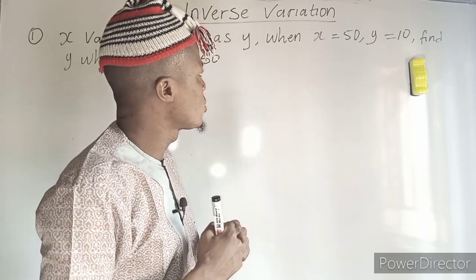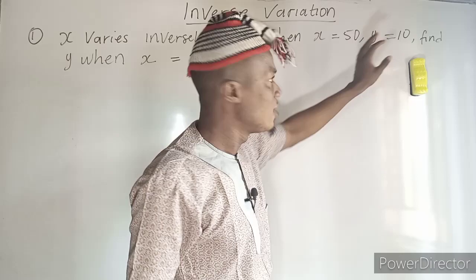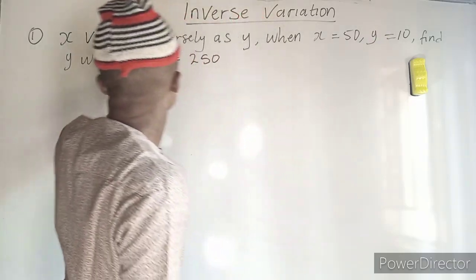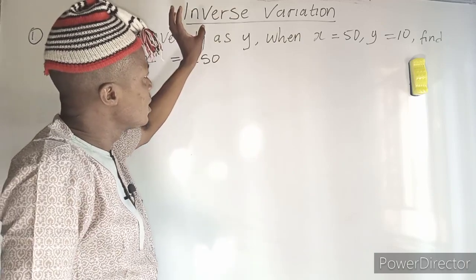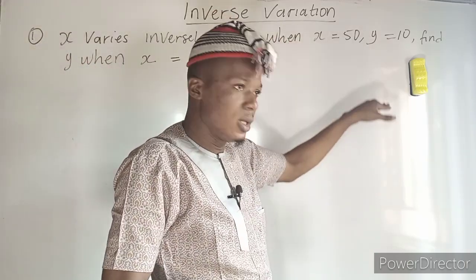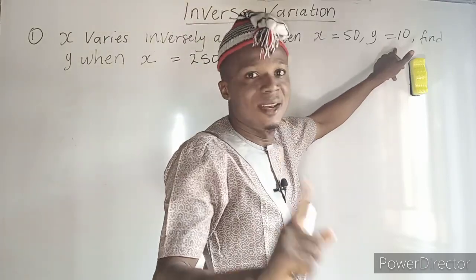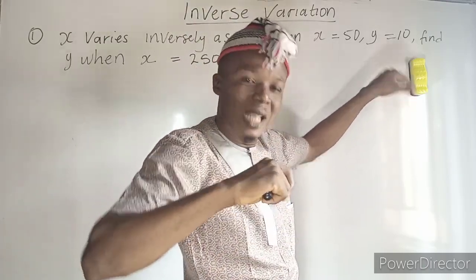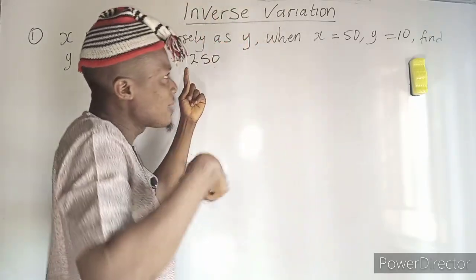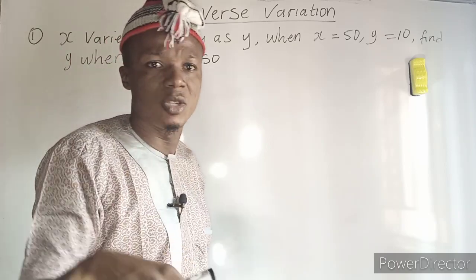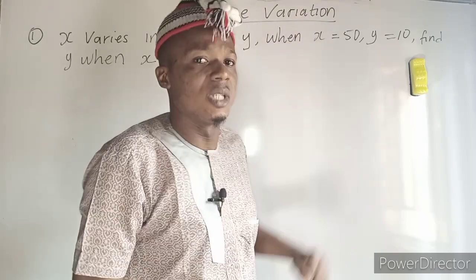One thing I want you to understand here is that x is 50, y is 10. But now they increased x to 250. If x has been increased to 250, it means that this value of y should be reduced. That's the implication. So if you get an answer that is more than 10, it means you are wrong. You expect your answer to be lesser than 10. Since x has been increased, it implies that the corresponding value of y must be reduced, because in inverse variation, if you increase one, the other must decrease.